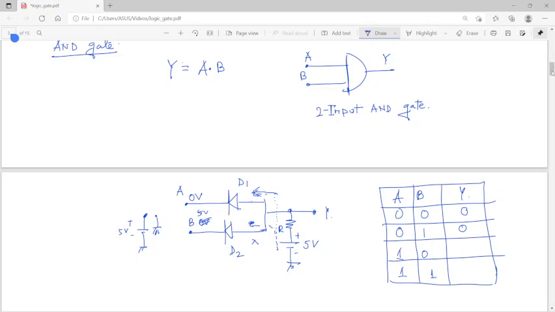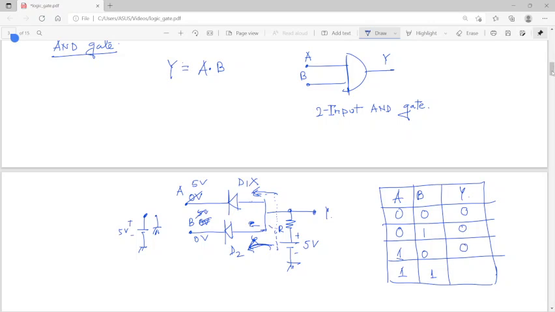So you will get again 0. And when A is 5 volt and B is 0 volt, the same thing: D1 will not conduct, but the current will be flowing through D2, so you will get 0.